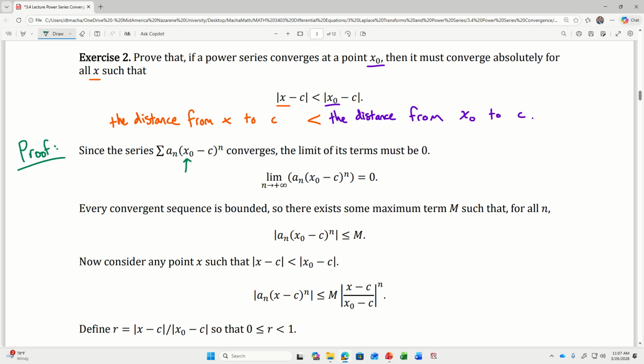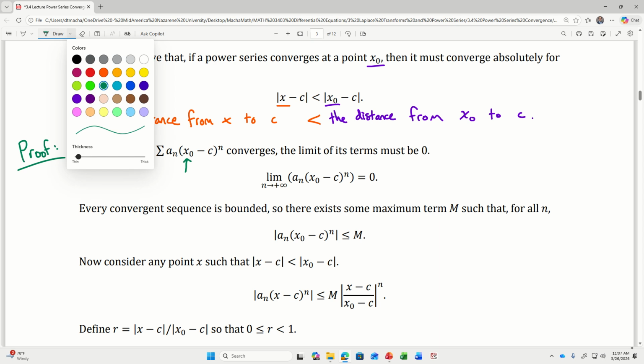And what this implies for the right side of this inequality is that, I'll try to show you. I'm going to color code this better.